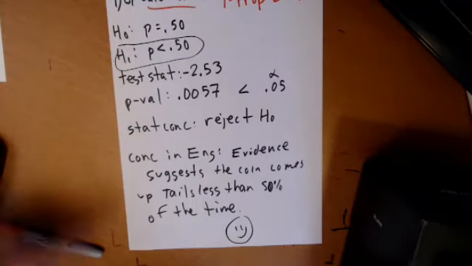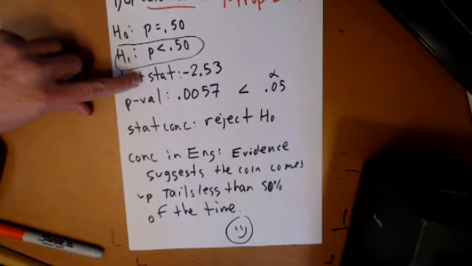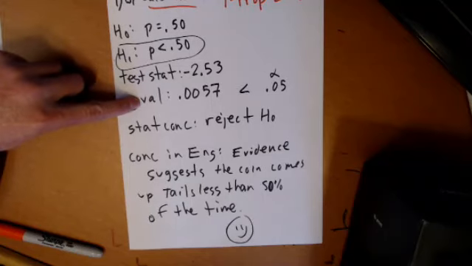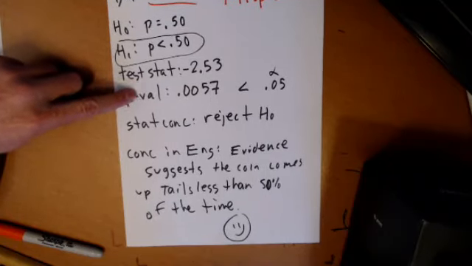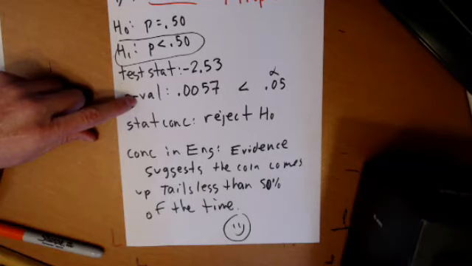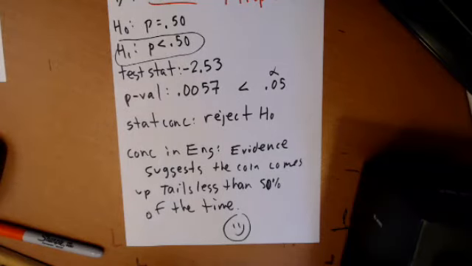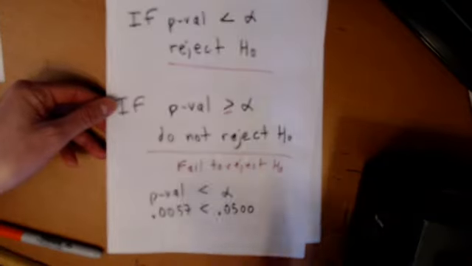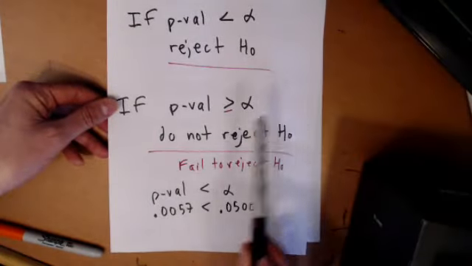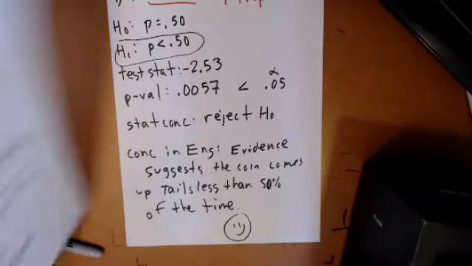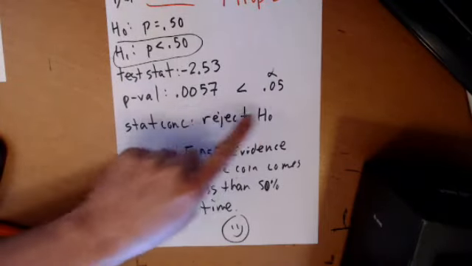So notice we quickly got the test stat using our calculator and the p-val using our calculator, and then we had to know what to do with that p-val. Remember, if p-val less than alpha, reject H0. Otherwise, do not reject H0. So the 0.0057 was less than the 0.05.